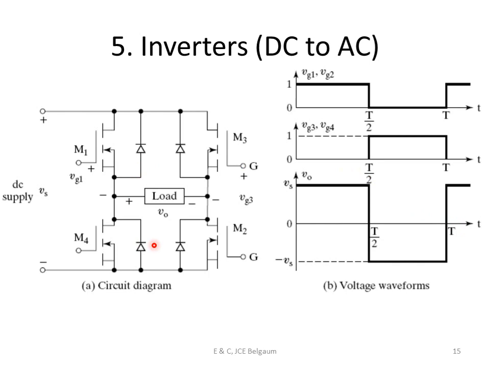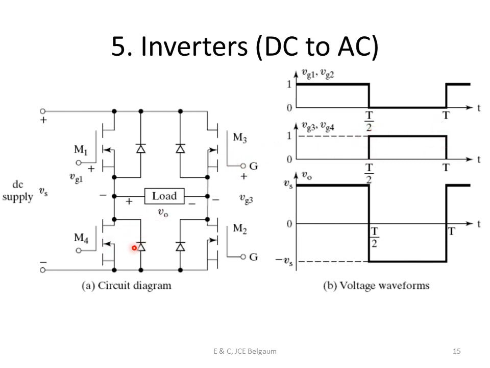Now for that to come, I have to apply the gate voltages like that. This is basically the gate voltage VG1 and VG2 for M1 and M2. So they will simultaneously turn on and output will be positive. Next, from T by 2 to T, the next 50% duty cycle we have considered, for the next half cycle we are going to give the gate voltages VG3 and VG4 simultaneously.